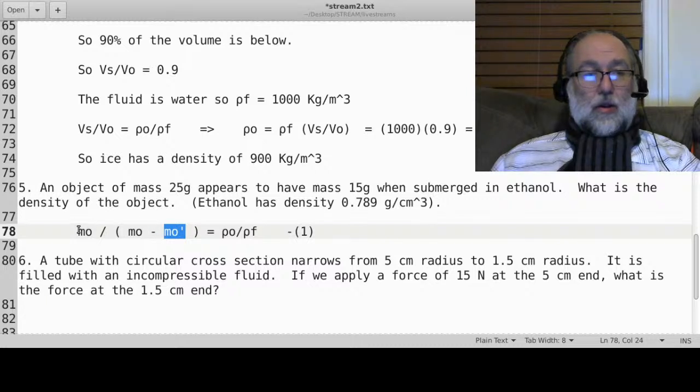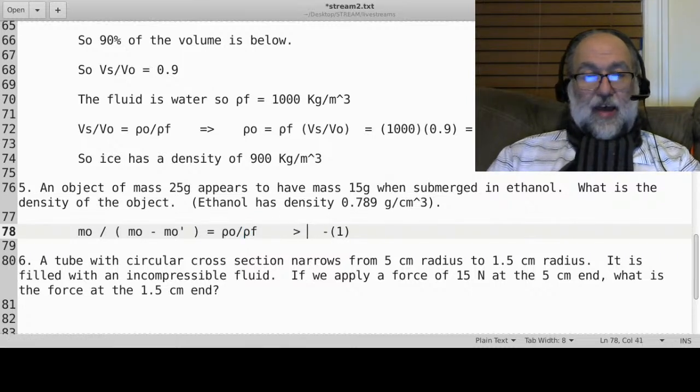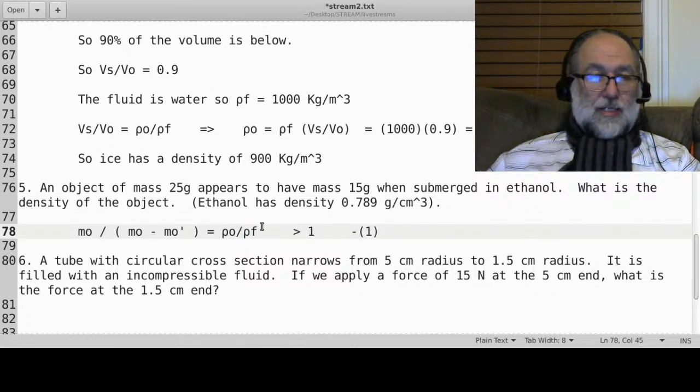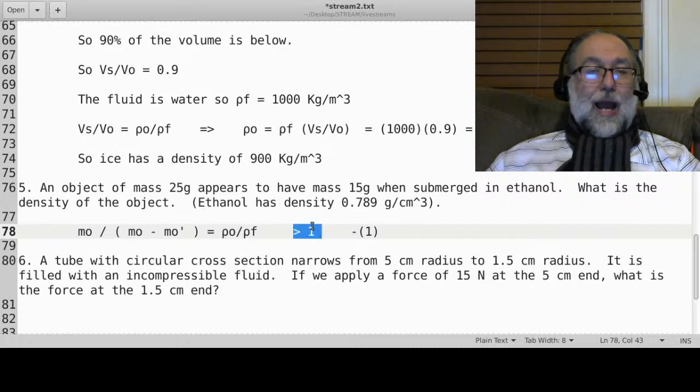MO here, which you can see there and there, is the actual mass of the object. Rho O is the density of the object, and rho F is the density of the fluid. By the way, in this case, that ratio has to be bigger than 1. Why?